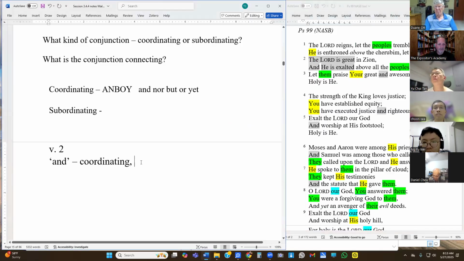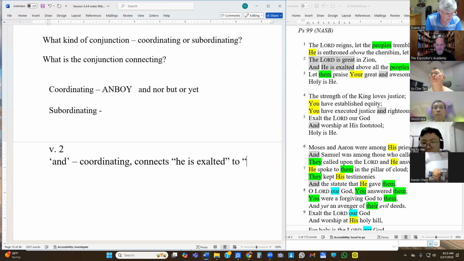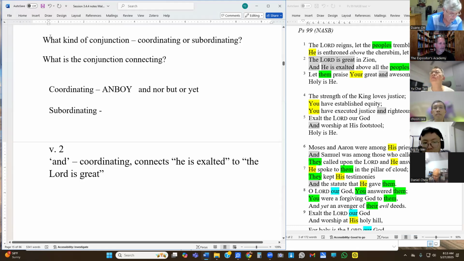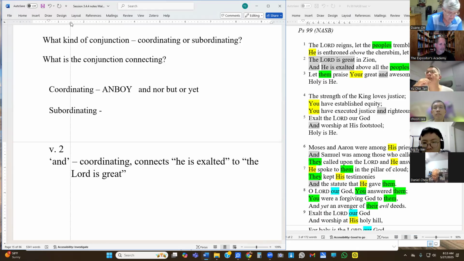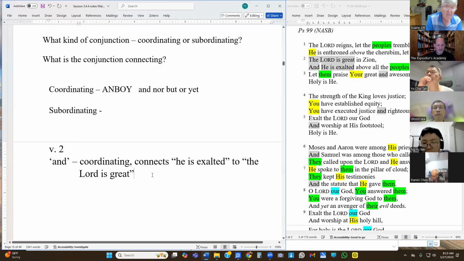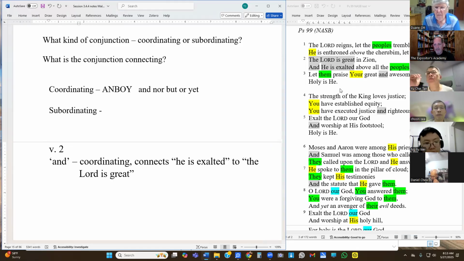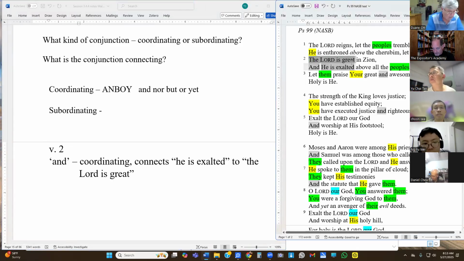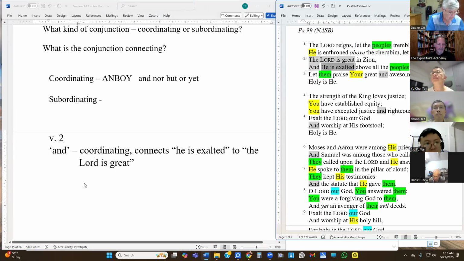So you would say it's coordinating, and it connects he is exalted to the Lord is great. And the idea is, again, the Lord is great was an independent clause, and he is exalted, therefore, is also going to be an independent clause.